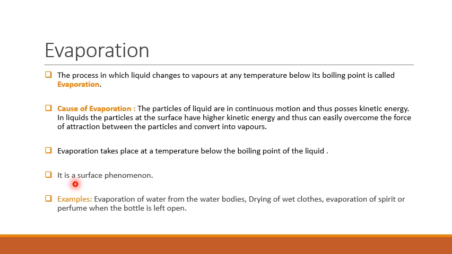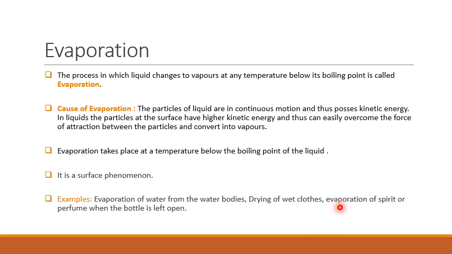Now, some of the common examples of evaporation which we can see in our daily lives are evaporation of water from water bodies like sea, rivers, ponds, etc. Then drying of our wet clothes. The clothes have water in them and they dry on their own. So the water gets evaporated and we get our dry clothes.